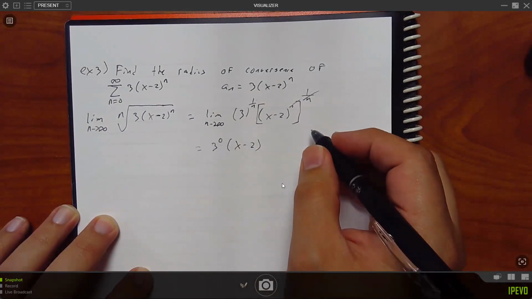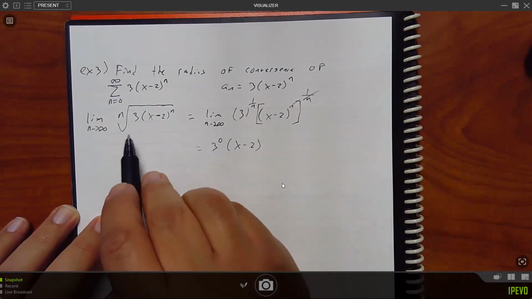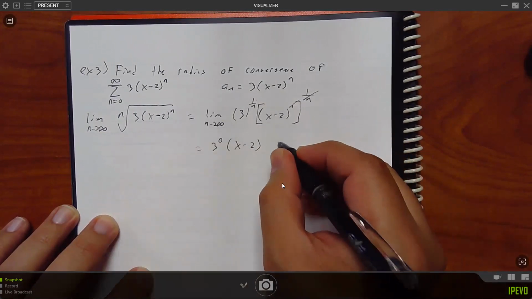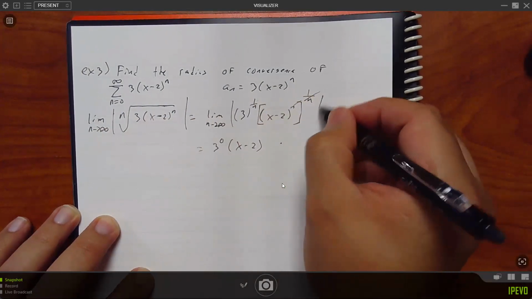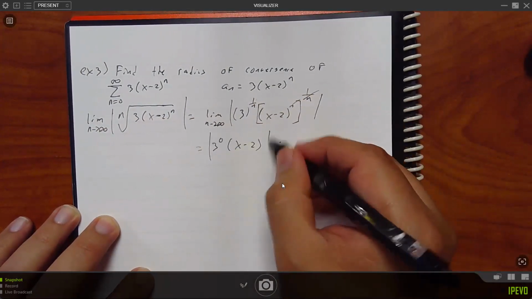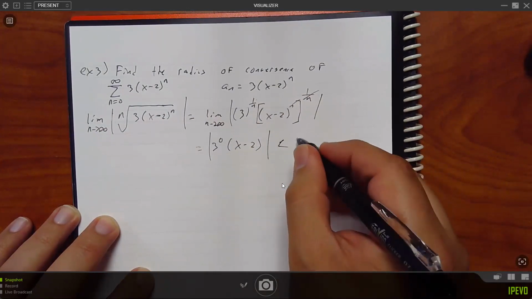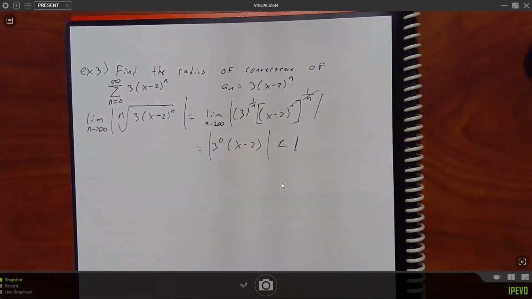Now, this limit must be, oh, I forgot my absolute values. It must be less than 1 in order to converge, right?